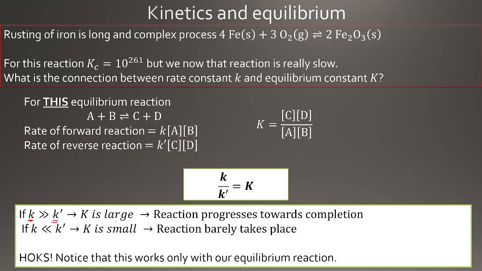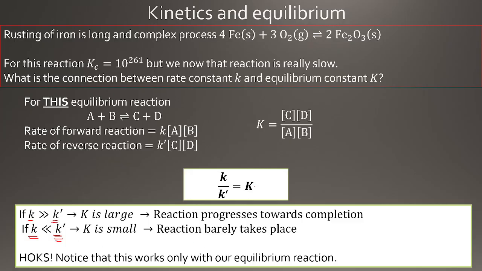To put it another way around, if the reverse reaction's rate constant is much greater than the rate constant of the forward reaction, then it means that the reaction barely takes place.